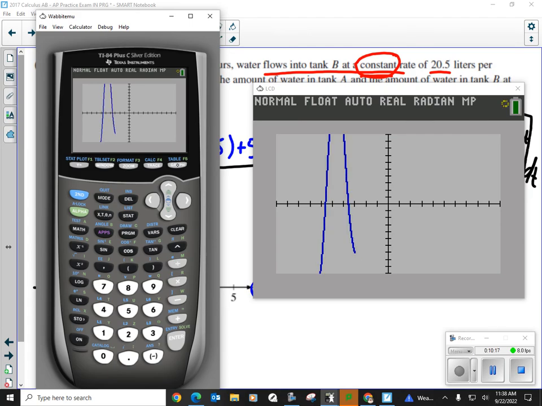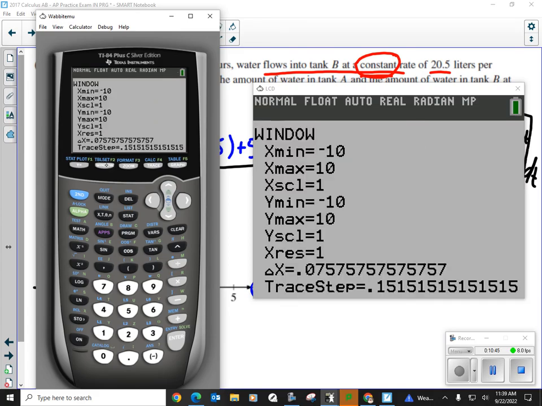Now remember, I really only want, wait for it, oh, I don't see 20.5, do I? Because my Y window only goes from 0 to 10. I need to go up to 20.5 in my Y window, okay? I'll call it 25.